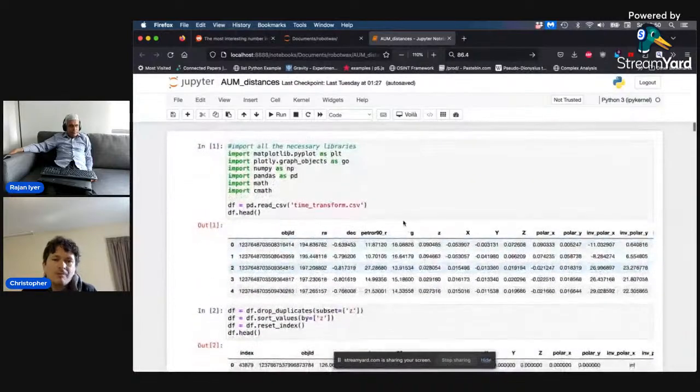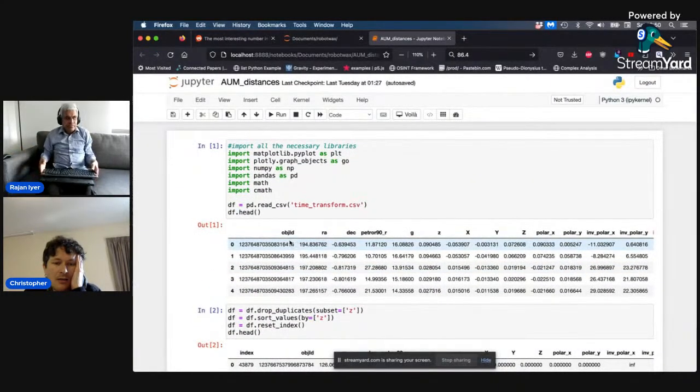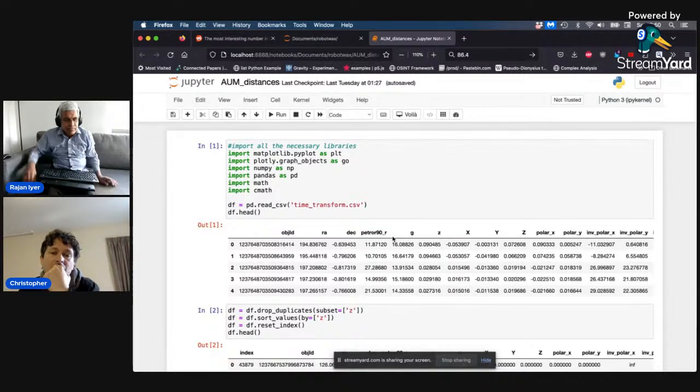So we have this data frame, and it's got the object ID of the galaxies, obviously, the right ascension, declination, and this factor here, which is some incidence factor.